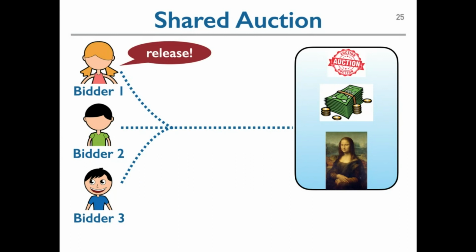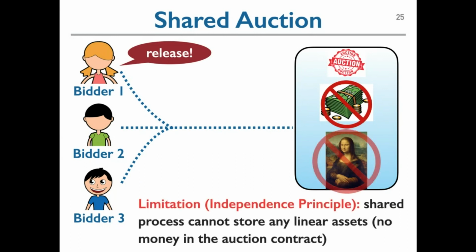And one key limitation of prior work was that shared processes like the auction, the processes that offer shared channels, could not store any linear assets. In particular, the auction cannot store money, it cannot store the Mona Lisa painting, and then it wouldn't really be like an auction anymore.